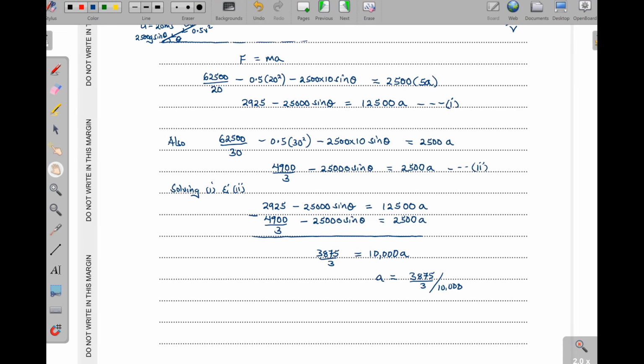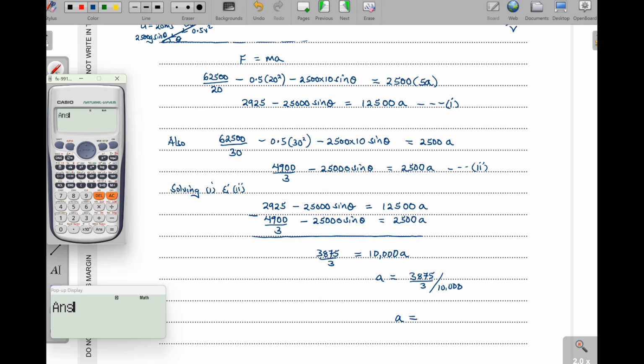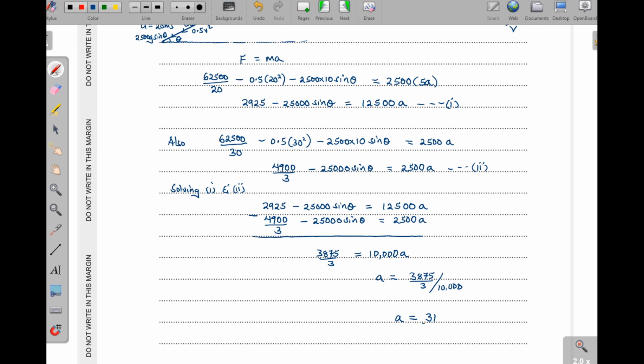This can all be simplified, then divided by 10,000. So we get 31 over 240. You can leave it as a fraction, or you can write it to 3 significant figures. Okay, so that is that.